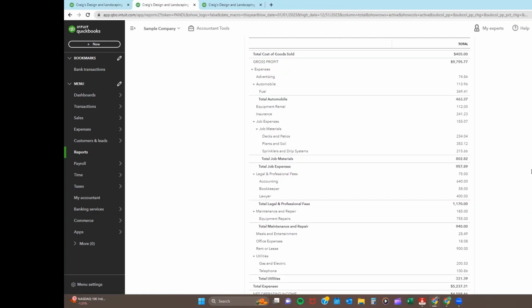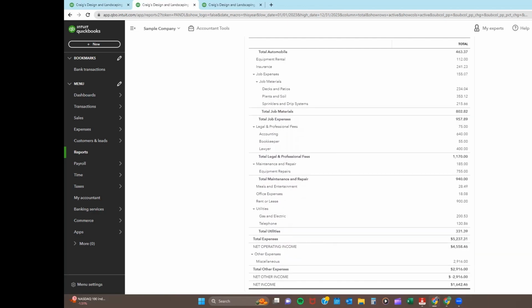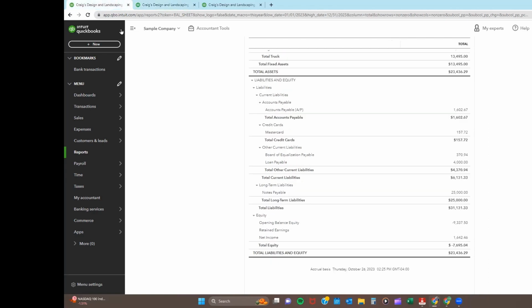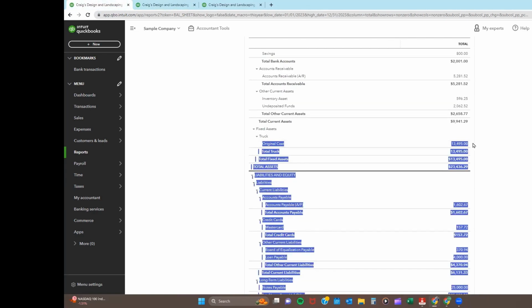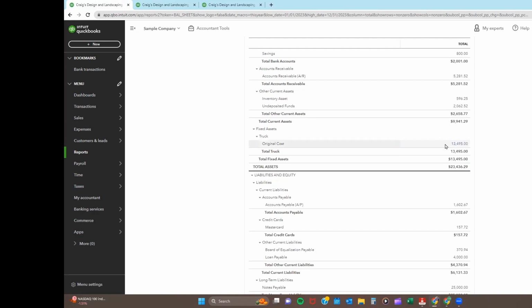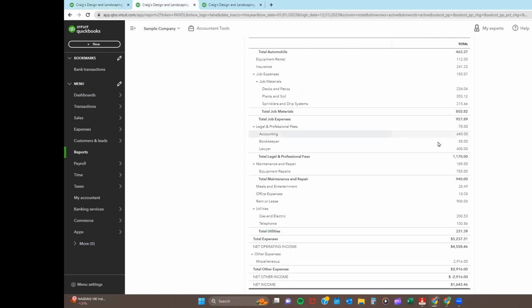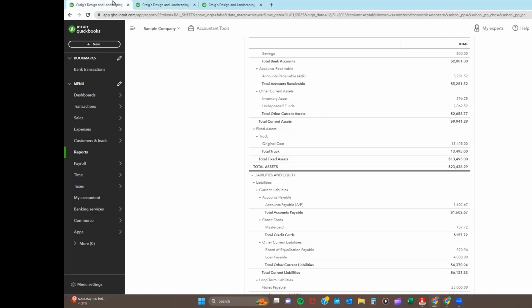Now there's two expenses that I'm not seeing on here. And two of those are depreciation expense and interest expense. And the only reason I say those is because when we were on the balance sheet, let's go back to the balance sheet quick. We had this fixed asset, this truck for $13,000. He had no accumulated depreciation. So we need to add depreciation expense, number one.